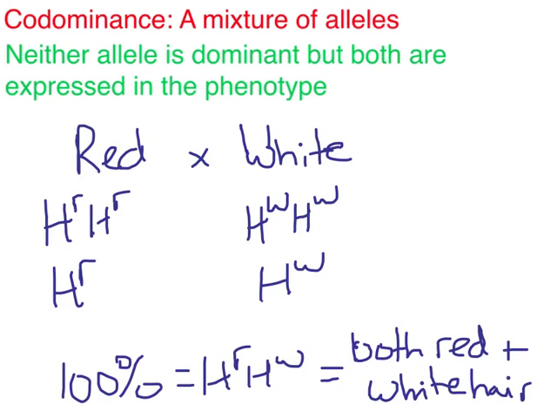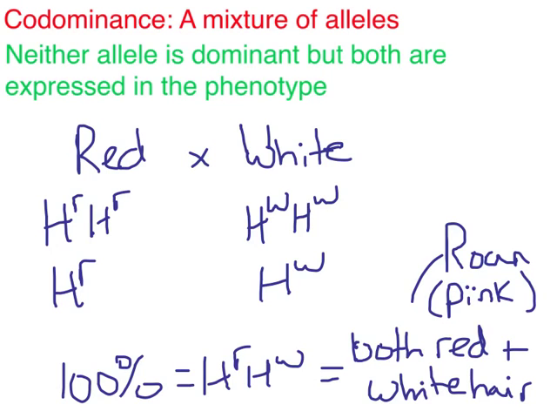Now, because it has both red and white hair, the offspring is not red or white. It's kind of a combination of the two, and it's said to be roan, which is kind of like a pink color.